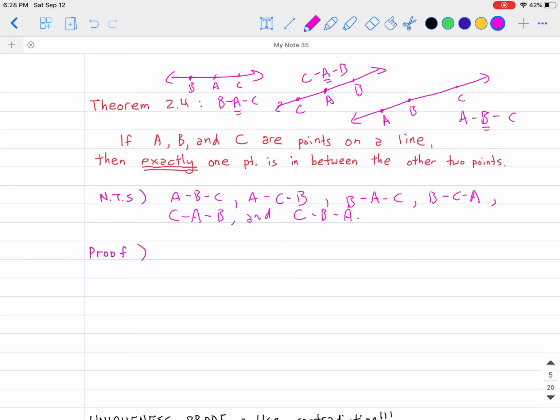Do we necessarily have to show all of that? The answer is no. There's actually a really quick, simple trick that we can use to get out of this. Now, here is what we're going to do, okay?